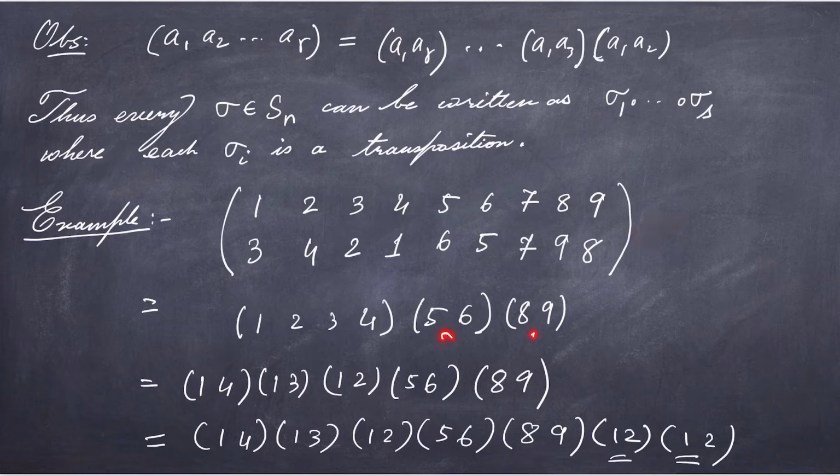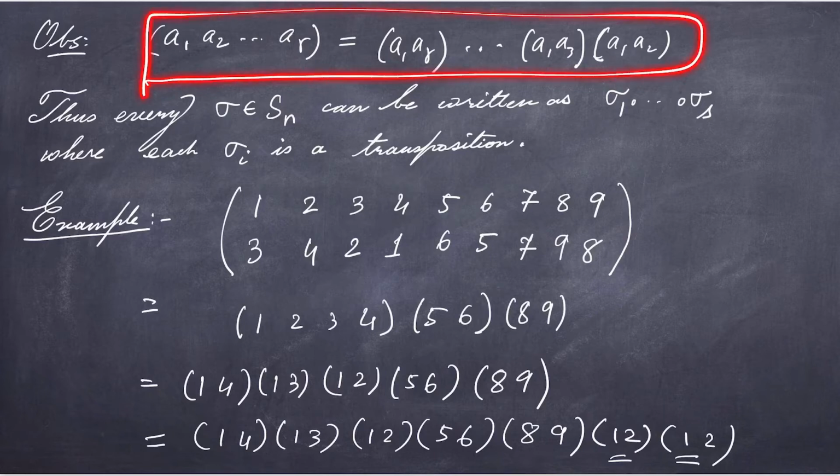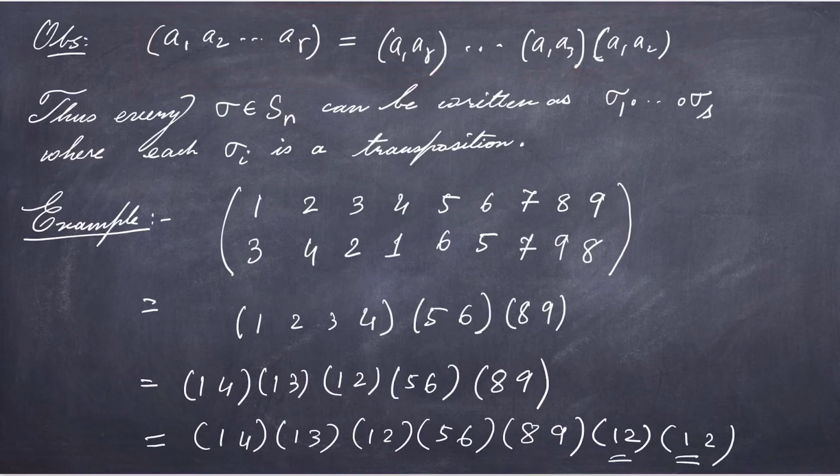Now we already have the two transpositions (5 6) and (8 9). So it only requires writing the first cycle as a product of transpositions, in view of this observation. Thus this permutation becomes the product of these transpositions.